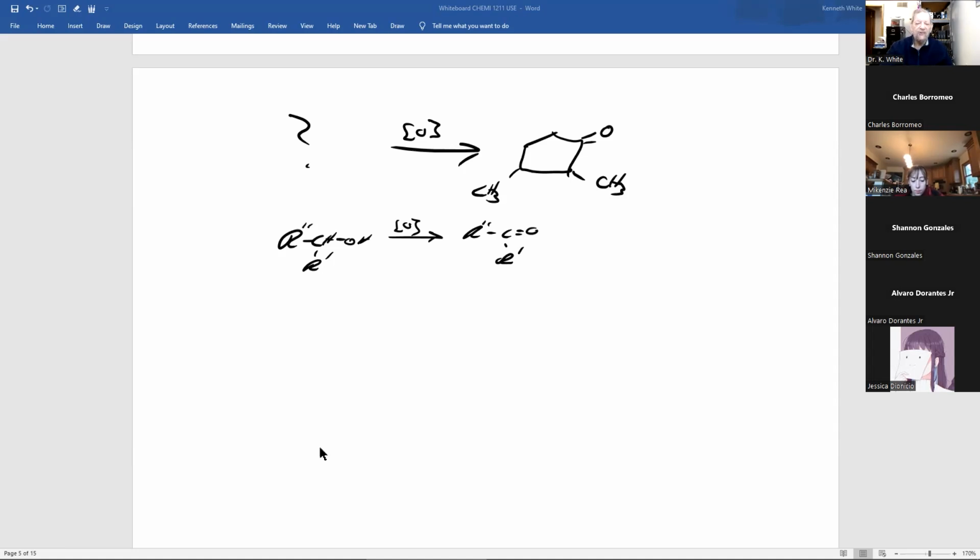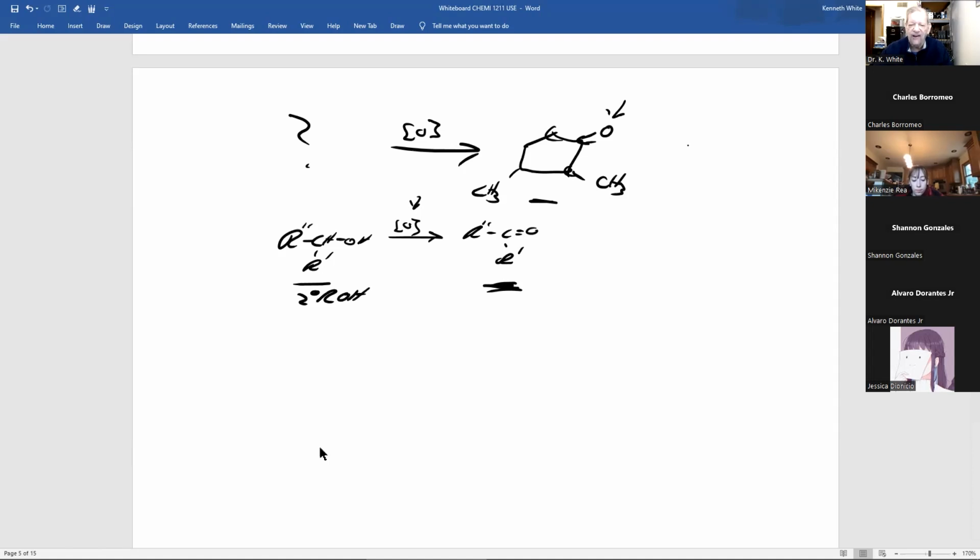All right, let's take a look at this. What's different in the product? It's not carbon, that's not hydrogen. Ooh, an oxygen, double bonded to carbon with carbons here and here. This is a ketone. And what do you oxidize? That's what the O in the brackets means. To make a ketone, a secondary alcohol.